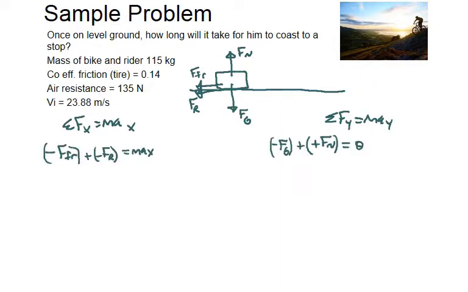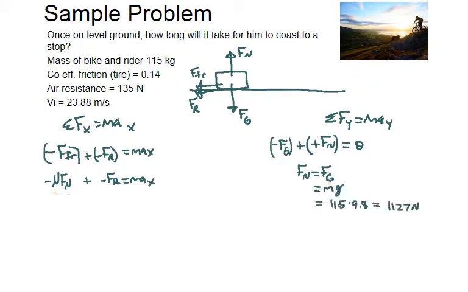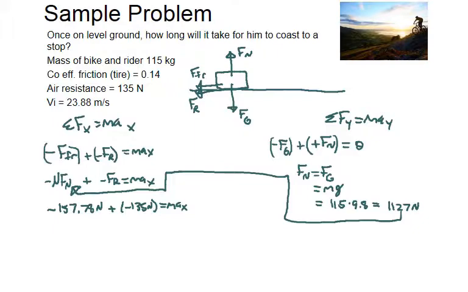Okay, so you should have set up your forces. We have two negative forces, right? Negative force of friction plus the negative force of air resistance. To get a force of friction, we need to take the coefficient times the normal force, which we get from over here. Force of gravity and normal force are balanced. 1127 newtons is the normal force. Place that in here, and we get a frictional force of 157.78 newtons, which we add to the force of air resistance.